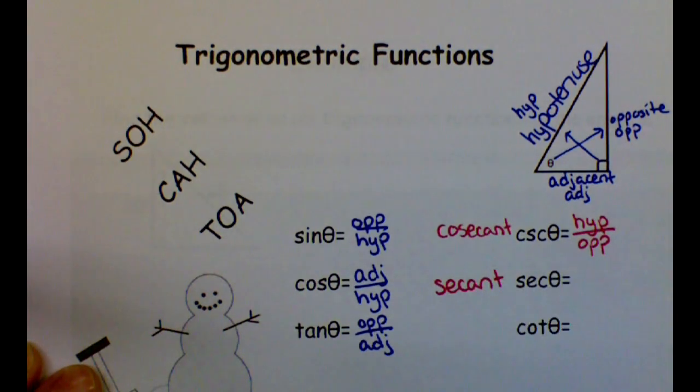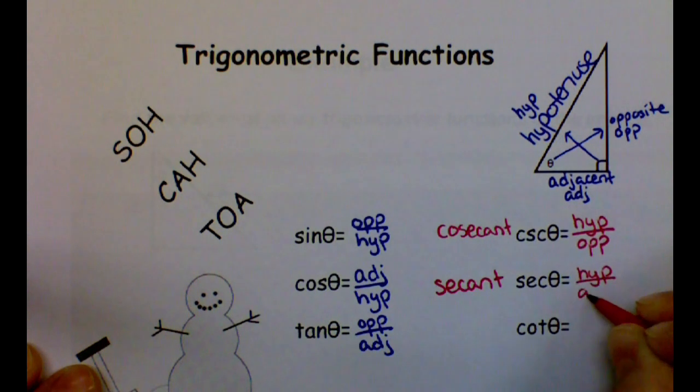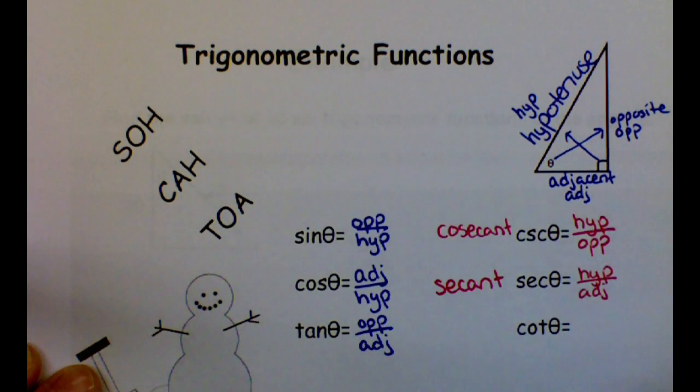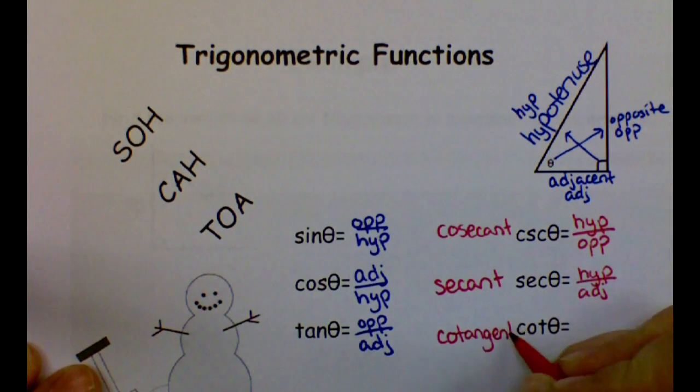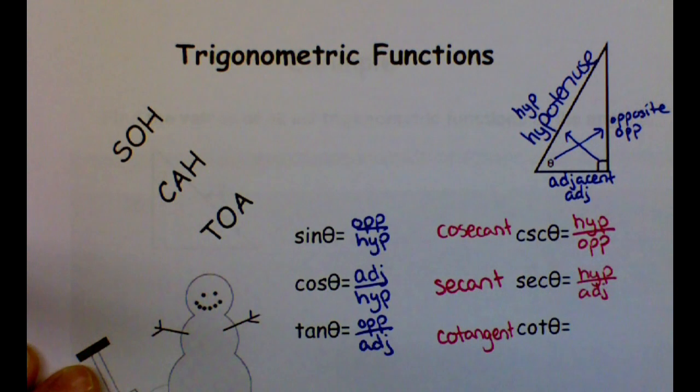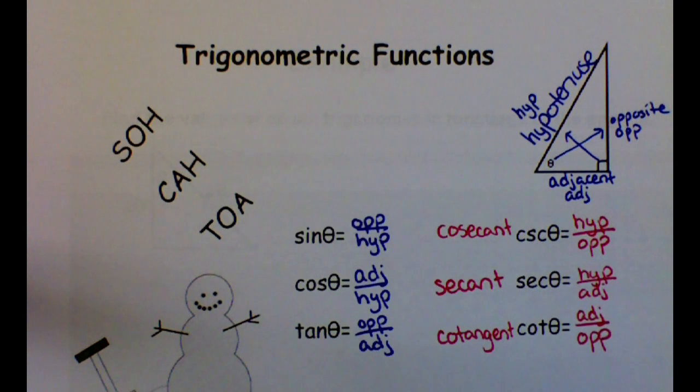Secant is the reciprocal of cosine, so it's hypotenuse over adjacent. And COT is actually cotangent. It lines up with tangent because it's the reciprocal of tangent, which is just adjacent over opposite. So there are 6 trig functions.